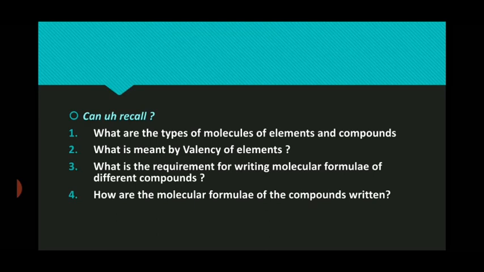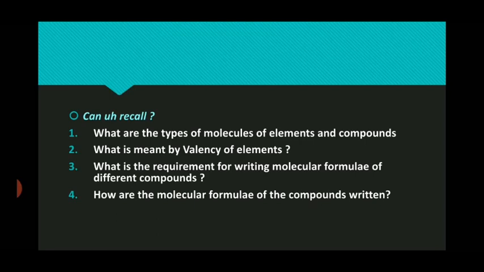How is the molecular formula of a compound written? First we write the symbols of the radicals. Second we write the valency of the elements, and then we cross multiply the valencies, and we get the molecular formula.